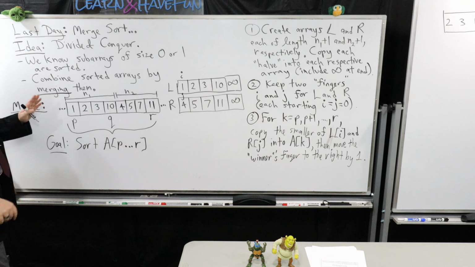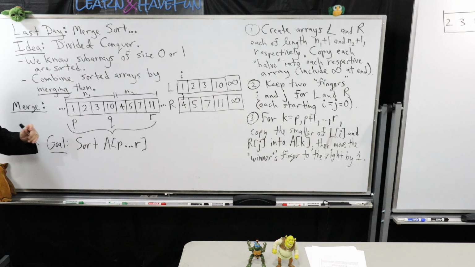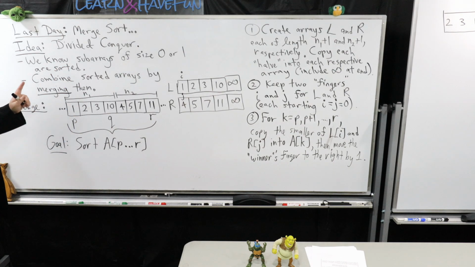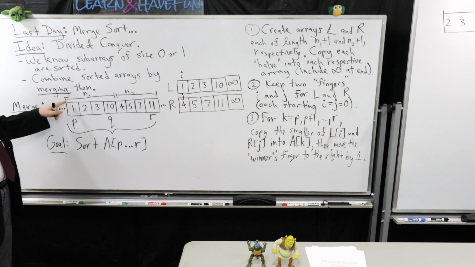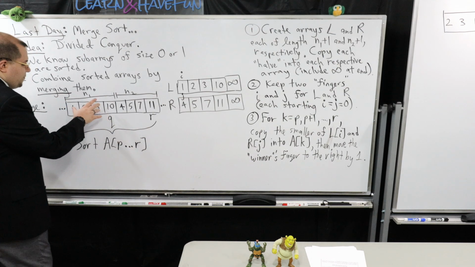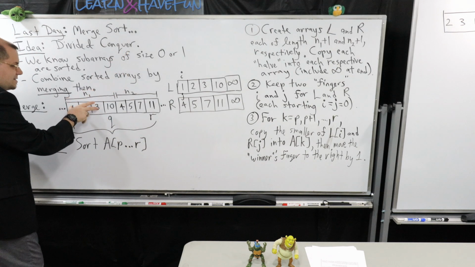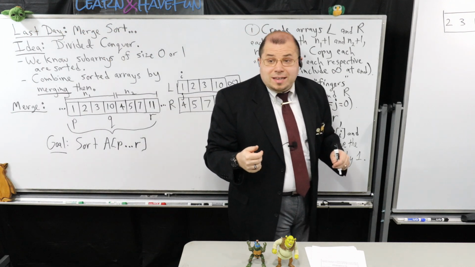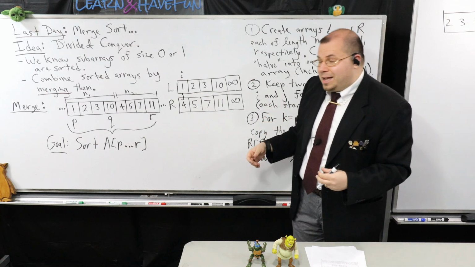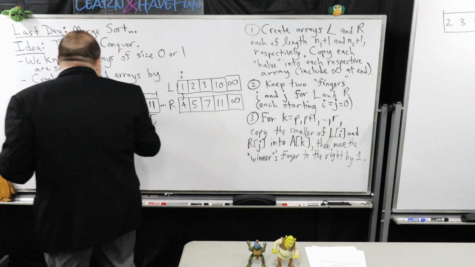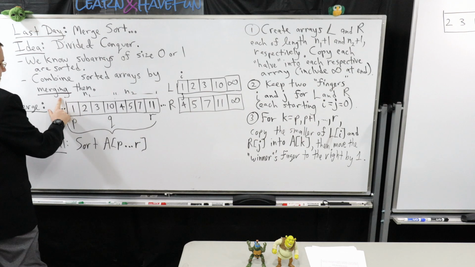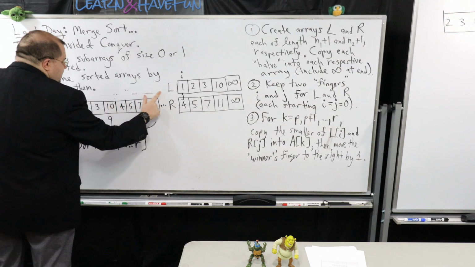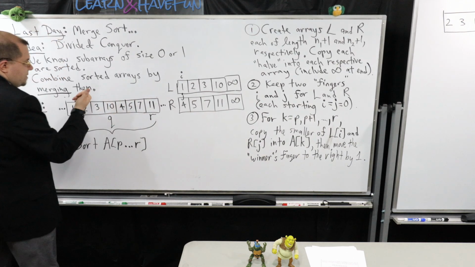So, suppose I gave you this example here. This is the same one from last day. In this case, I would want to scan from left to right. First I would create these two groups. I use these sizes, and you can compute these directly from the indices. If you take a look at the pseudocode, it will show you exactly how to compute them. Once you have that information, you can scan from left to right.